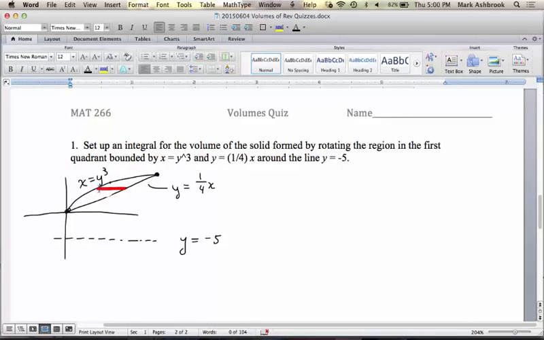And so it's going to look like this. Typical shell. And then we're going to add all those up from 0. The first one will be at y equals 0, and then the last one will be at y equals 2.